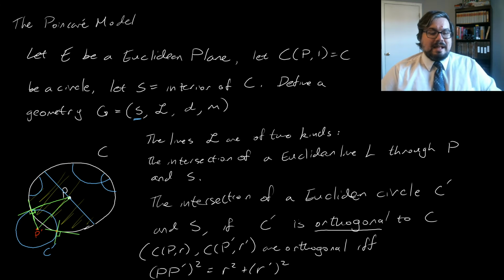So let's look at some properties of the Poincaré model before we get into defining distance and angle measure. The first, which requires some work, which, as I say, you can find in the notes, is that axiom I1 holds.